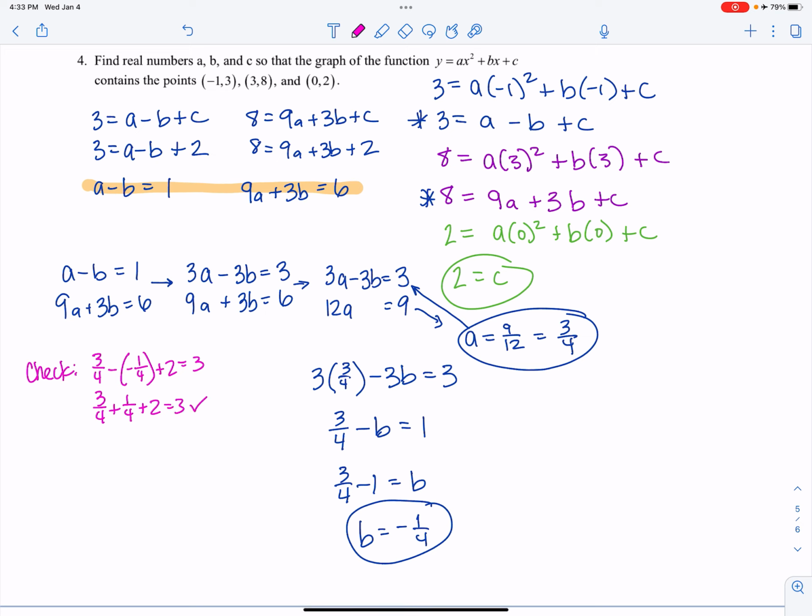That checks. Then we have 9 times 3/4 plus 3 times -1/4 plus 2 needs to equal 8. So 27/4 minus 3/4 plus 2. So we have 24/4 plus 2. That checks.